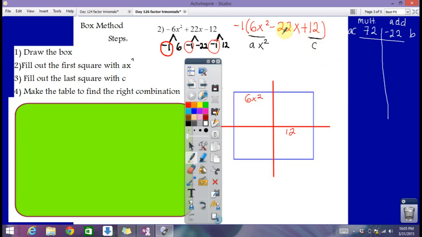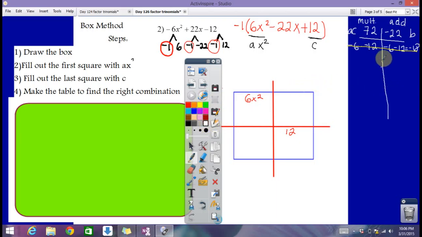In this case, we can start with the obvious ones, like 6 times 12. Well, actually negative 6 times negative 12. But when you add those two numbers, negative 6 minus 12, that is negative 18. So this is not the combination that we're looking for.